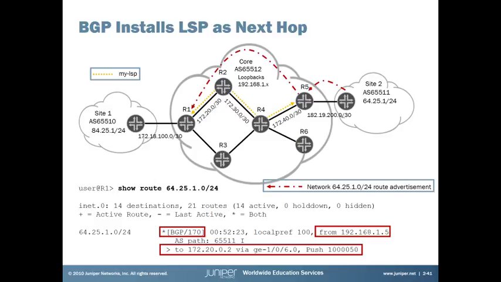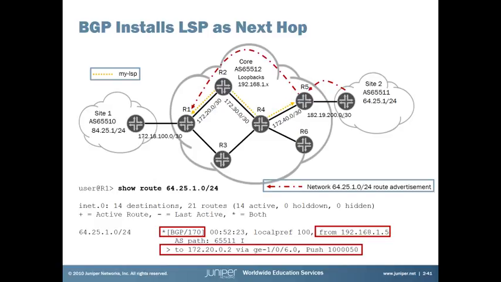So here's the deal. The traffic has arrived from site 1. It has arrived on R1. The destination address on the packet is for the 64.25.1.0 network, which resides over here in site 2. So it arrives with that address. R1 looks at that IP address, looks at its routing table, and finds a BGP route which will direct traffic into that label switch path.